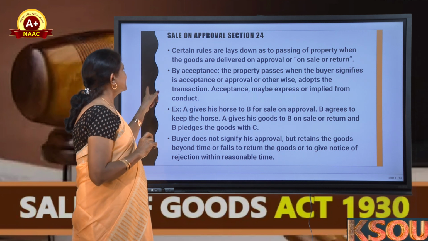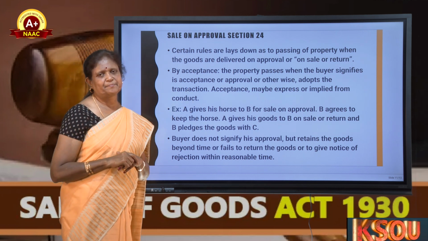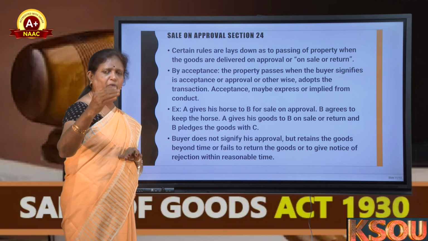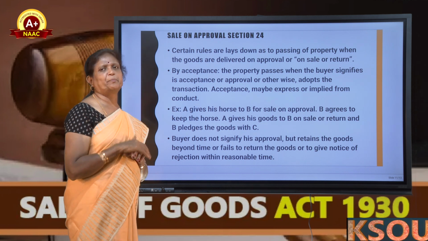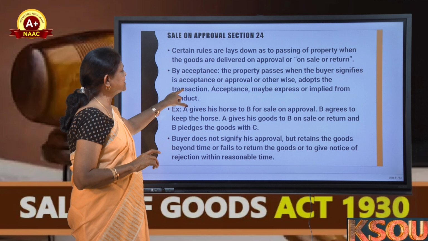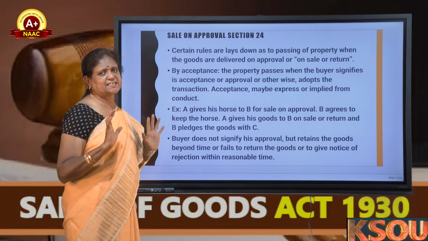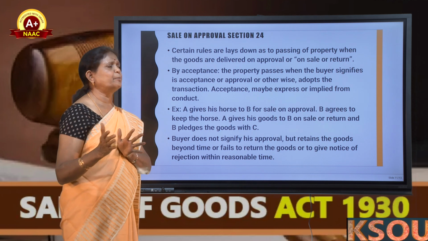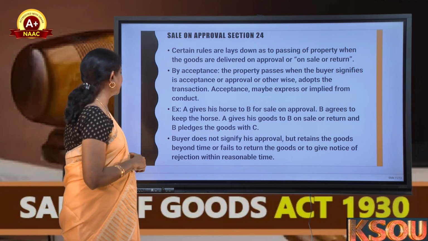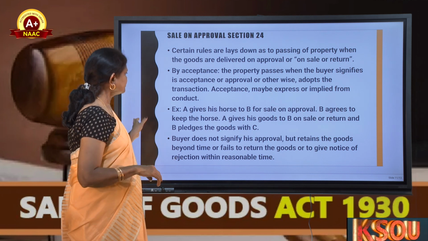Suppose the buyer signifies acceptance, suppose the seller wants to sell and the buyer accepts to buy. So, on acceptance or giving consent, approval, he adopts the transaction, the sale is said to be completed, and transfer of property is said to have passed.